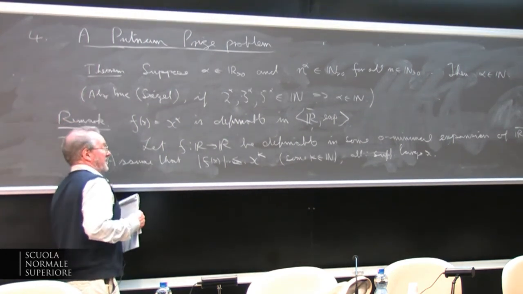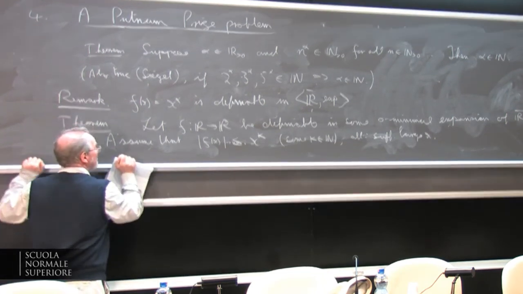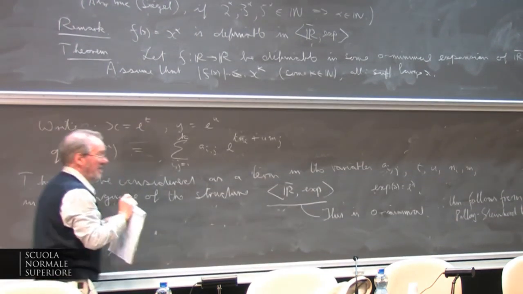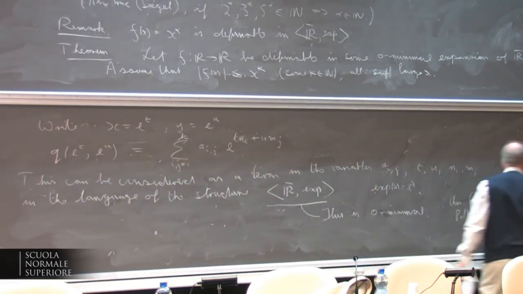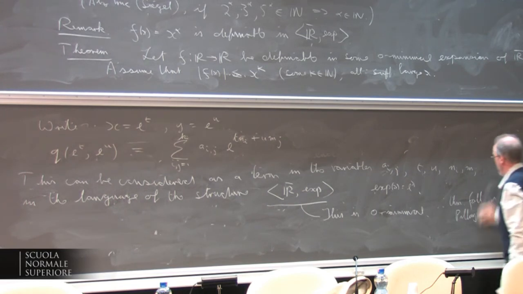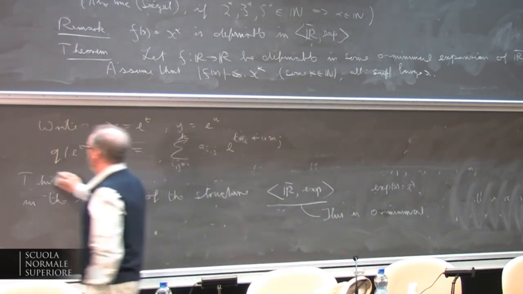Then the theorem states that f really can't take many natural number values for natural number arguments unless itself it is a polynomial with integer coefficients.